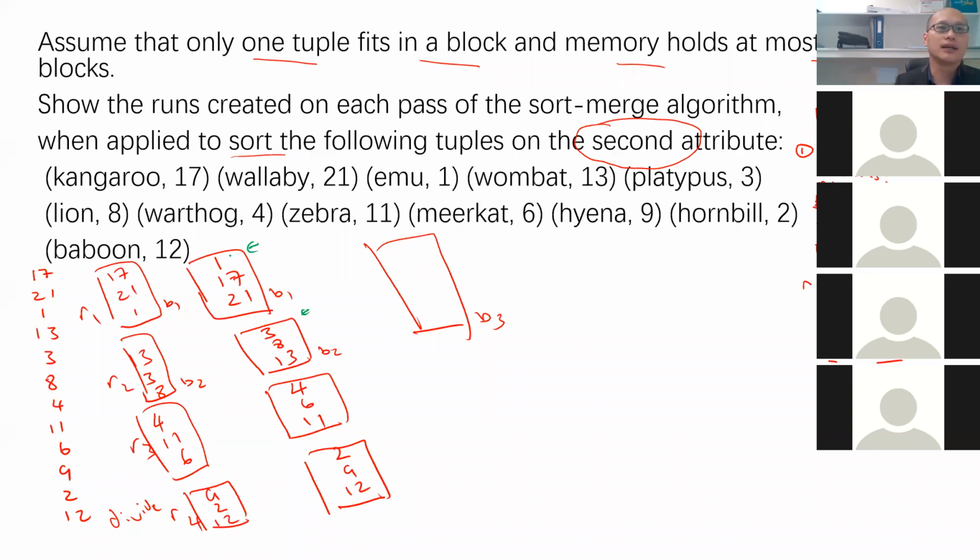We'll compare between this and this. 1 comes here, moves down. 17, 3, 3 comes here, moves down. 8 and 17, 8 comes here, moves down. 17 and 13, 13 comes here, moves down. And then 17 and 21. So this will be here.